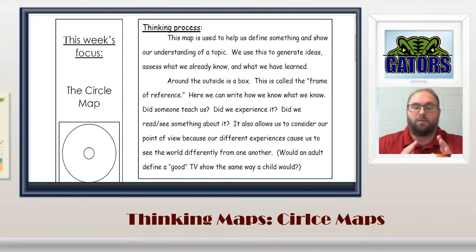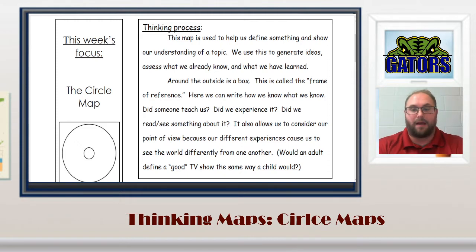So the process behind the circle map and its thinking is that this map is used to define something and show our understanding of a topic. We use this to generate ideas and to access what we already know or what we previously learned.